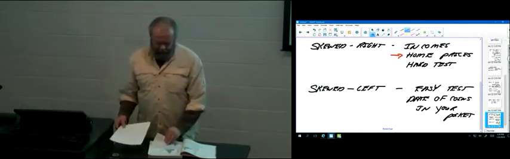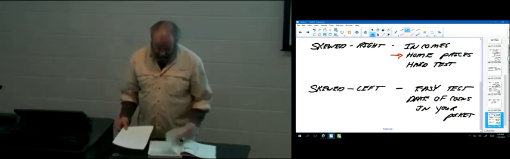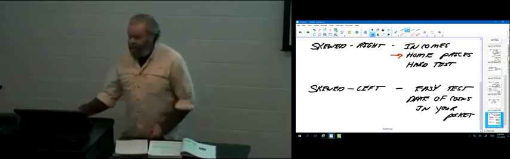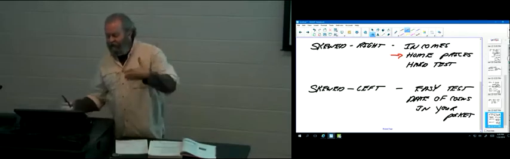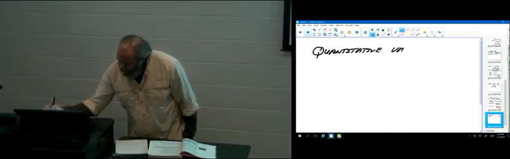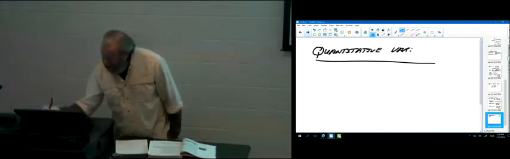Now, the other thing we need to talk about here is we've got another graph. Remember, a histogram is supposed to show you the distribution of your quantitative variable. Well, the other one for a quantitative variable is something called a stem plot.